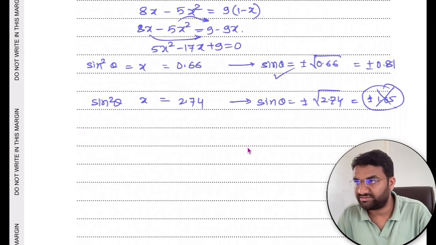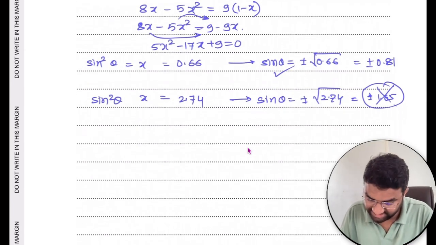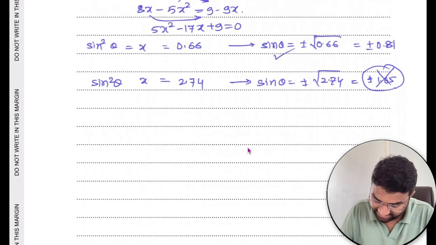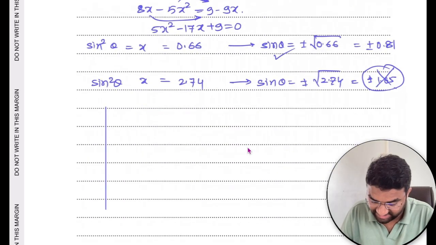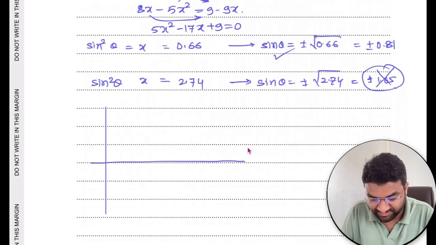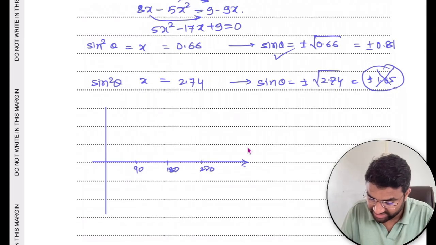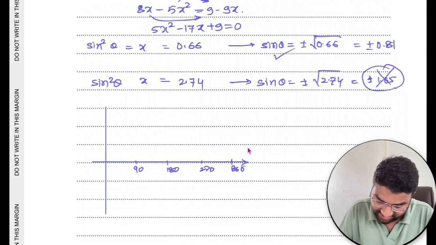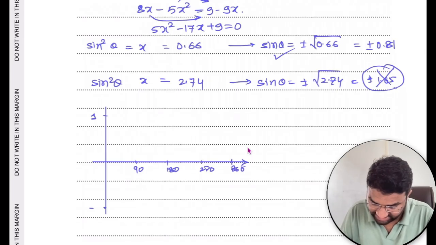Now I hope you know the sine graph. I am explaining it just for your understanding; in the exam there is no need to draw this sine graph. This is 90, 180, 270 and 360. This is 1 and this one is minus 1.